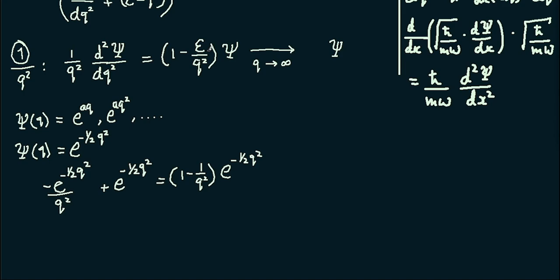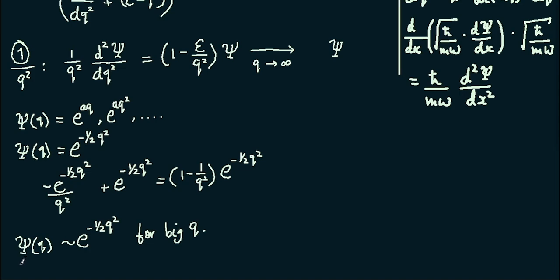Again, if epsilon is 1. So this means that we can conclude that ψ of q behaves like e raised to minus 1/2 q squared for big values of q. But what would happen for small values of q?